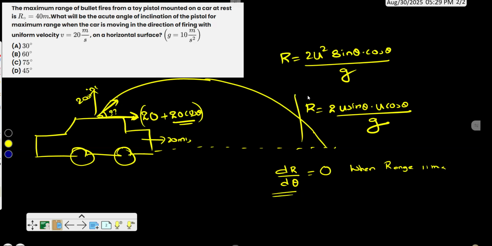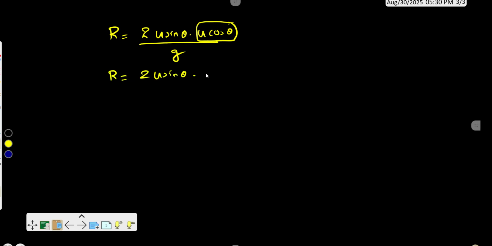We have got the equation R is equals to 2u sine theta into u cos theta by g. So I'll write it here. And I have to differentiate this equation with respect to theta. So this u cos theta, whatever is present, now it would be 20 plus u cos theta.